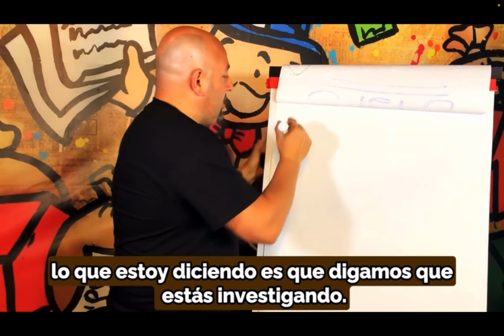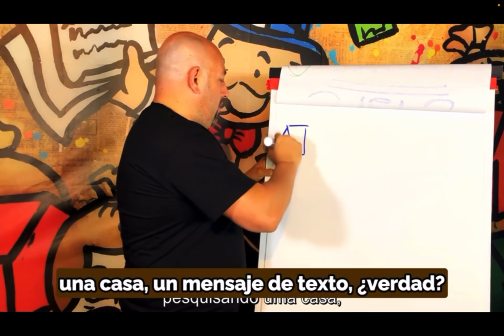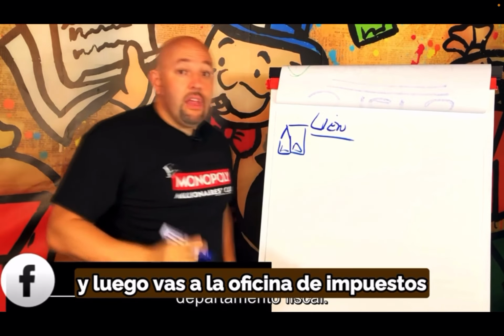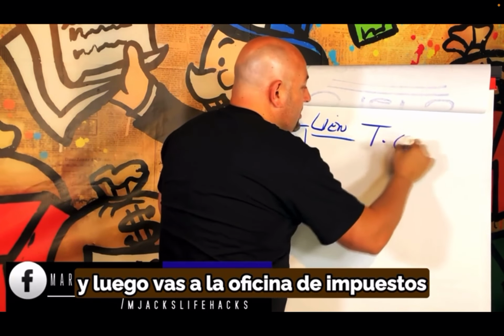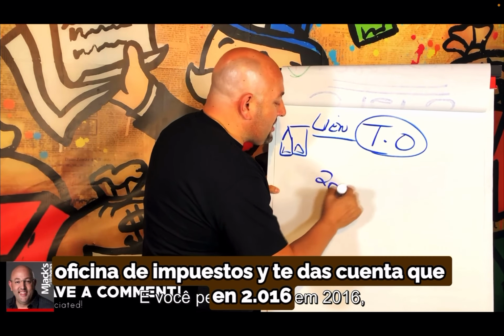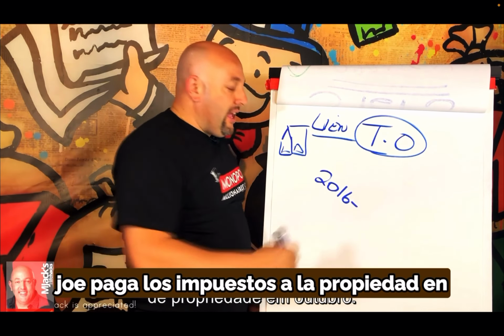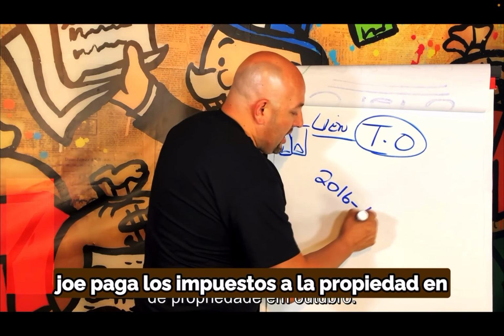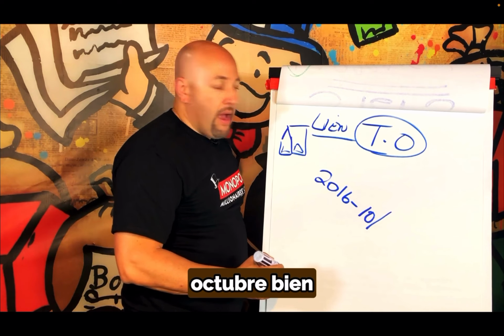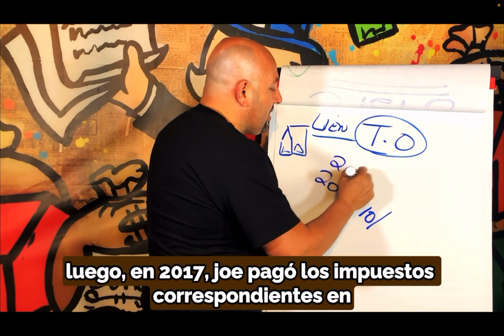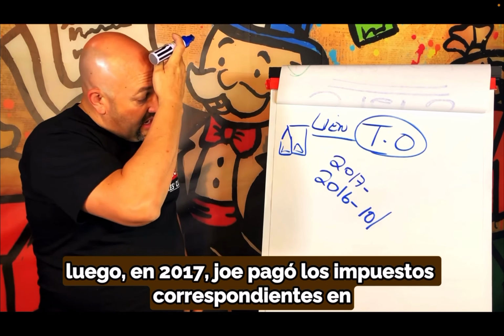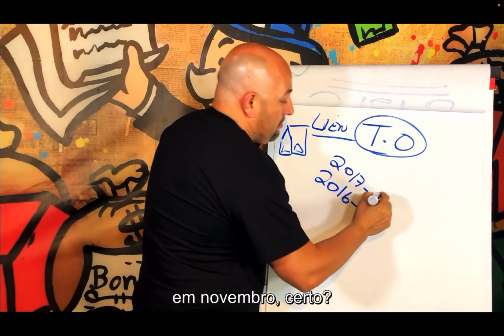Let's say you're researching a home, a tax lien, and then you go to the tax office, and you realize that in 2016, Joe paid the property taxes in October. Then in 2017, Joe paid the property taxes in November.